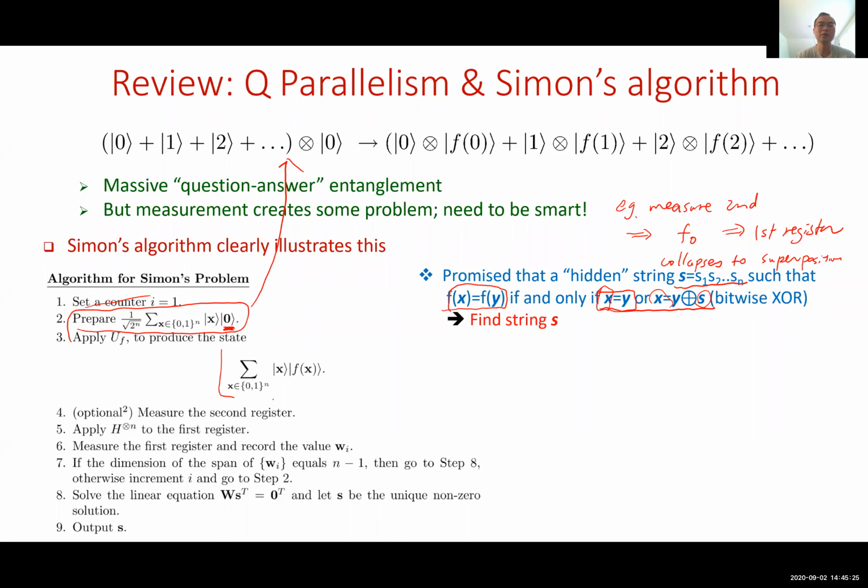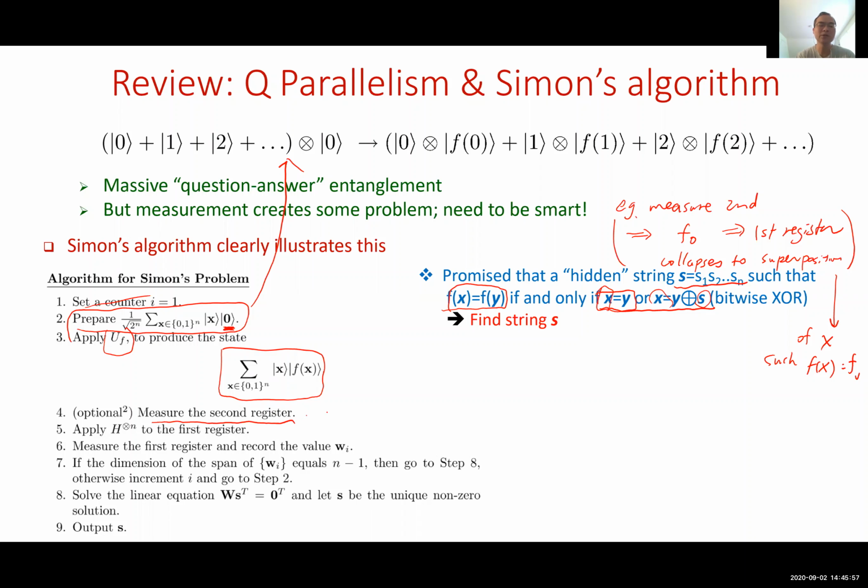After the circuit of f, you get this massive question-answer superposition. Step 4 here says measure the second register. This is what I said here. So if you measure, this collapses to a superposition of x such that f of x equals f0.